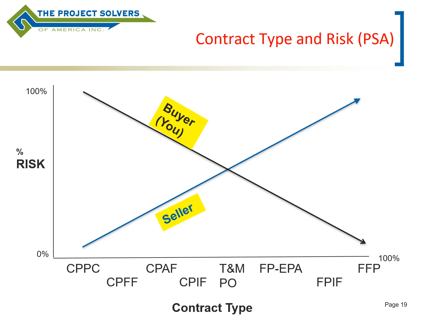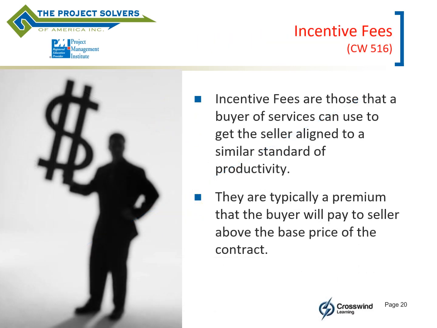In other words, FFP would be a little bit more, but whether they are more or less risky than each other is probably not that important. And similarly with CPAF, CPIF, and CPFF. So hopefully that makes sense. And once we go into the different contract types, it will be clear why these contract types are where the risk is.